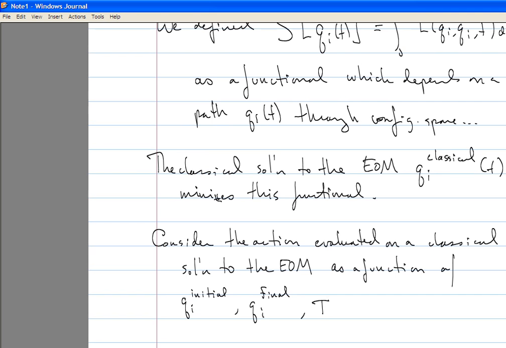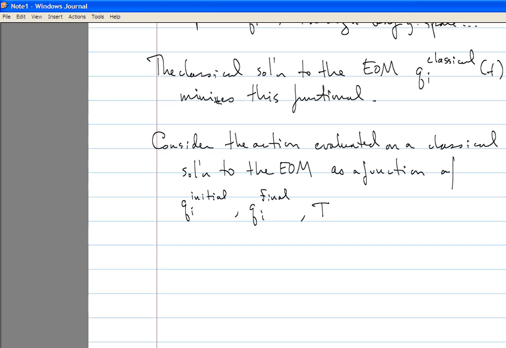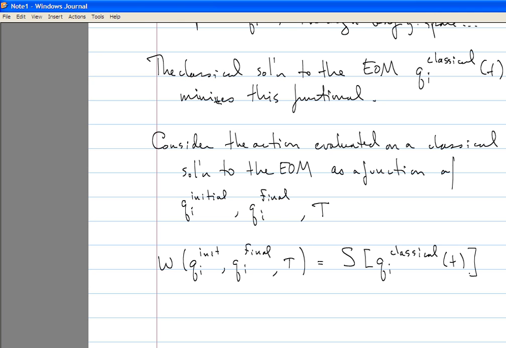So we could define some function W, which is a function of 2n plus 1 variables, some initial and final positions as well as time, which is the action of the classical path that connects these initial and final positions in time t.